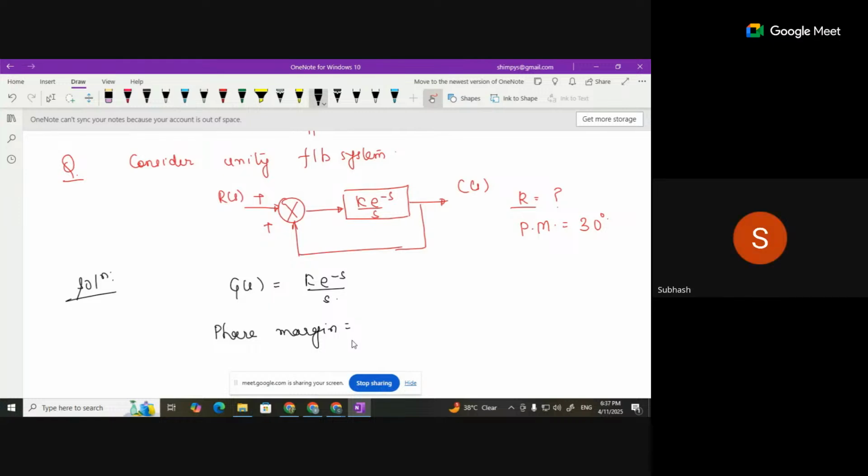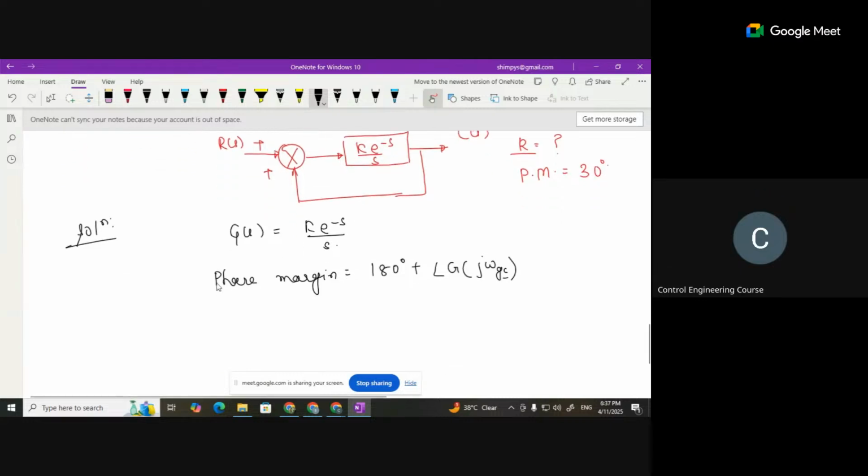Angle of the system at gain crossover frequency, that will find out the angle. But what is the expression for the phase margin? That is 180 degree plus angle of G(s). This we have already discussed, right? And this ωgc represents our gain crossover frequency, right?